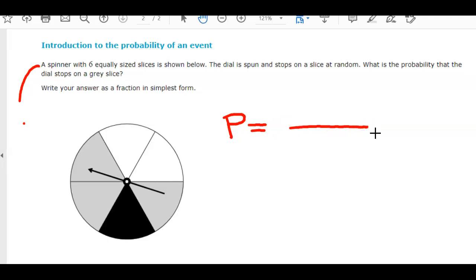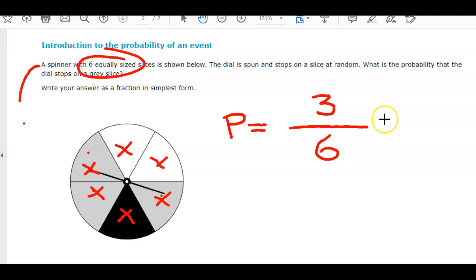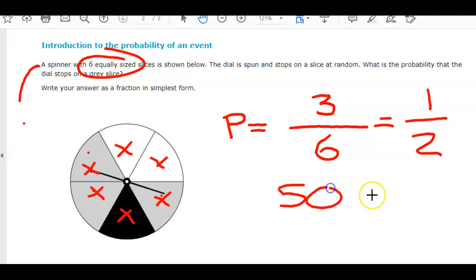In our case, that's the number of gray slices, 1, 2, and 3, over the total possible number of outcomes. And that is going to be, if I start down here at the black, 1, 2, 3, 4, 5, 6. Out of 6. I actually didn't even need to count that up, did I? Because it told me right there that there's 6 of them. So we've got 3 over 6, and that is the same as 1/2. If you had to convert that to a decimal, it would be 0.5, or as a percent, it is 50%.